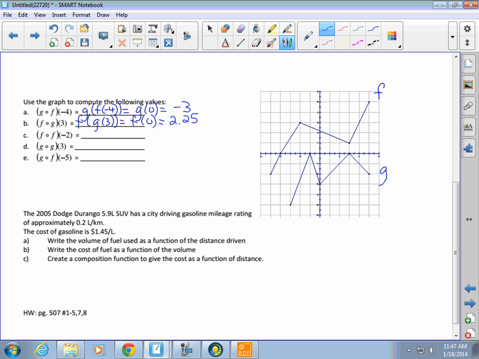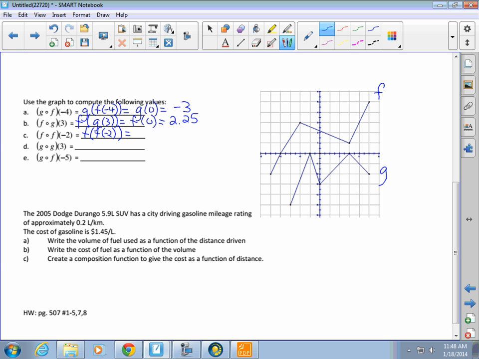Now the f composed with f of negative 2. This is finding the function of negative 2. When my x is negative 2 on this graph, what is my y equal to?